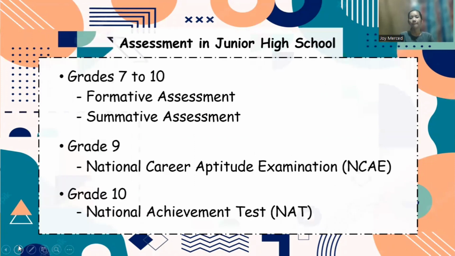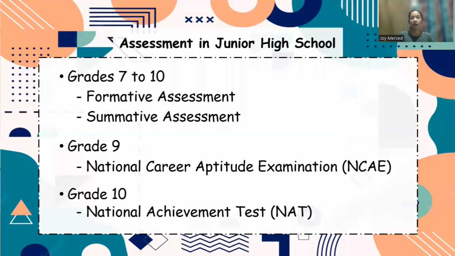So how do we assess the junior high school? We still assess the junior high school with the formative and summative classroom assessments that are given to improve student learning outcomes. In grade 9, learners take the National Career Aptitude Examination or NCAE.